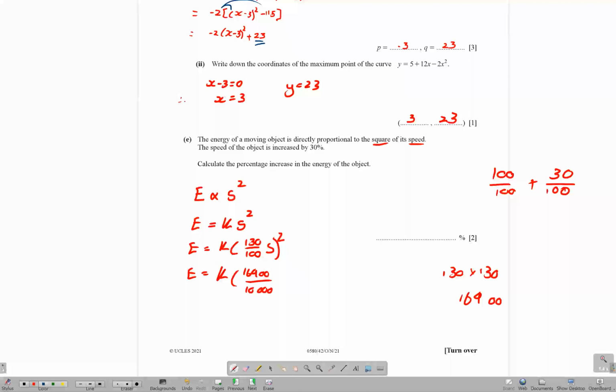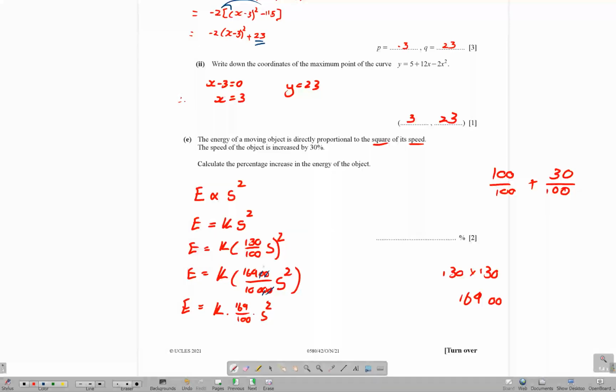Okay, so two of these zeros can cancel, and this is just s squared. Okay, so it's already looking promising. We can cancel some zeros. Okay, so now we have 169 over 100. So E is equal to k times 169 over 100 times s squared.